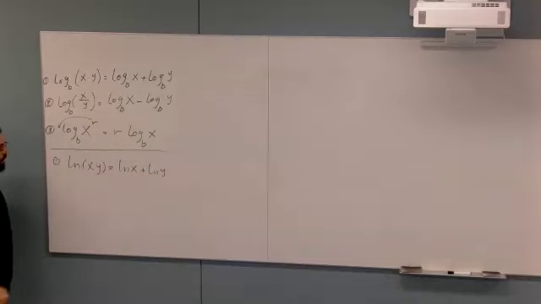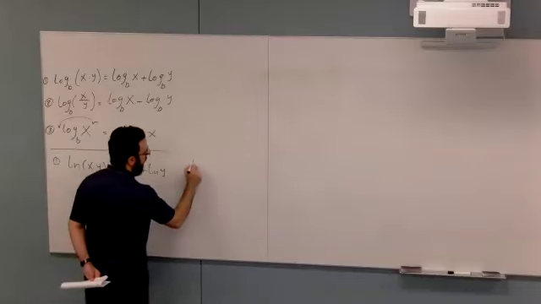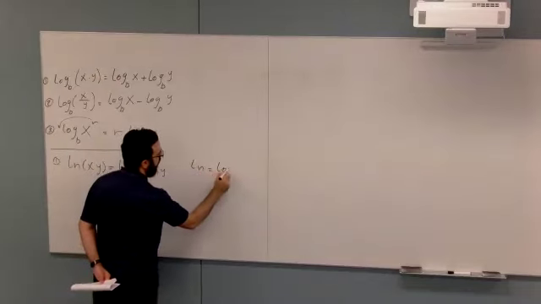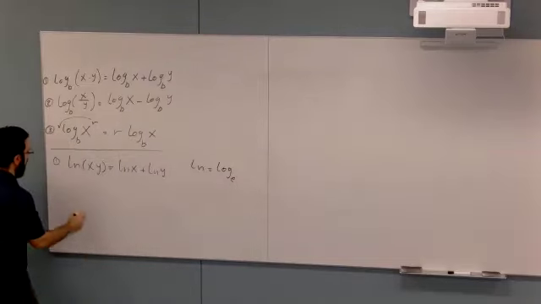It's kind of the same thing. The ln is the log to the base e, so we're using the same rule. We might say, oh, it's different. No, it's exactly the same thing, because we already learned that ln, the natural log, equals log to the base e. So you can use the same rule.